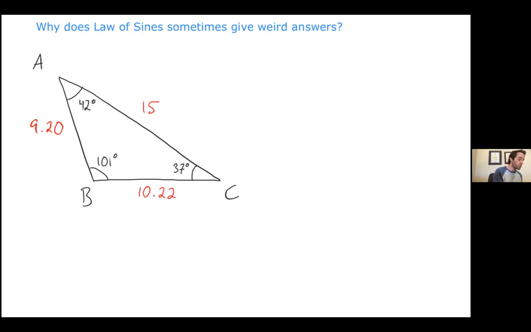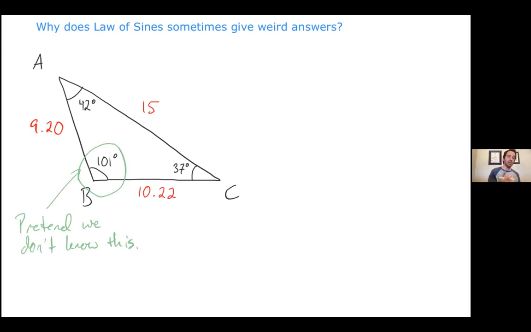So what I'm going to do is pretend that I don't know that this is 101 degrees. So I'm going to leave the number up there, but I'm going to just say, pretend we don't know this. Now, if we pretend we don't know it, it means that it's something that we have got to solve for.